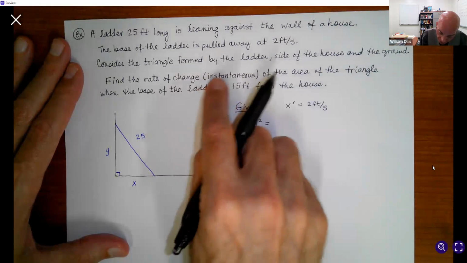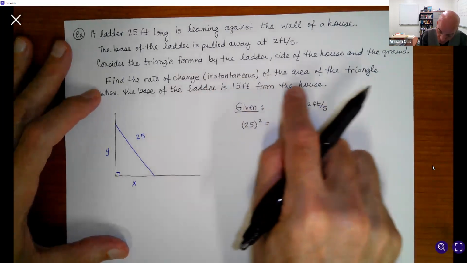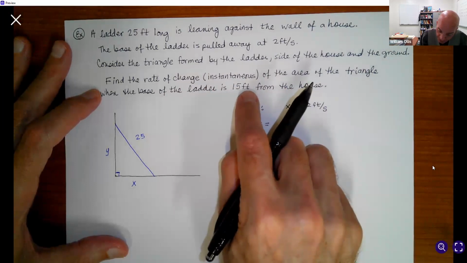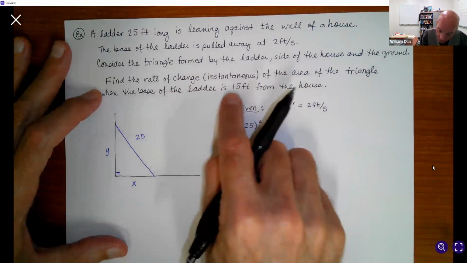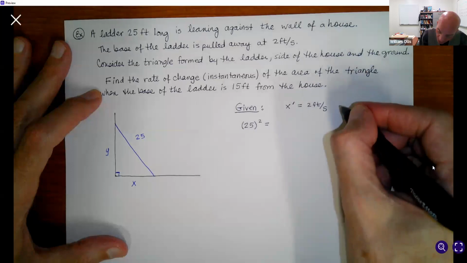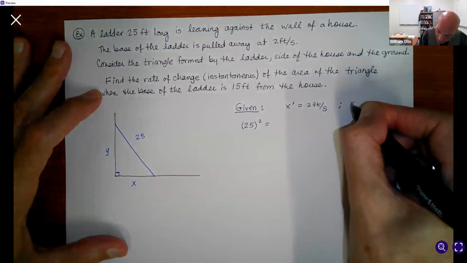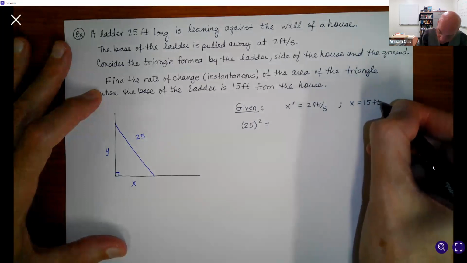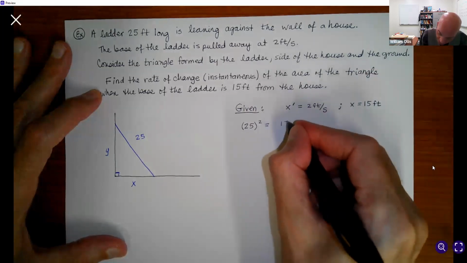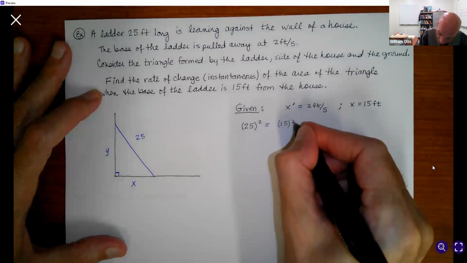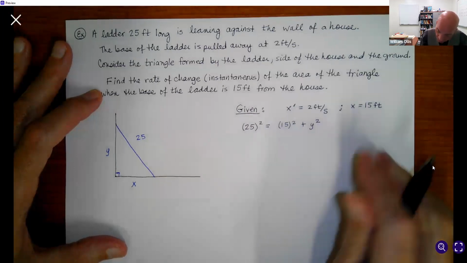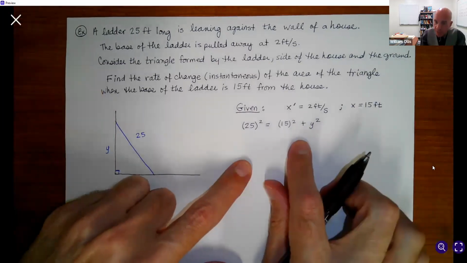Now, of course, for the particular area change, we're going to need x to be 15 feet. That is, the base of the ladder is 15 feet from the house. So I'm going to go ahead and write here x equals 15 feet when we need to do our calculation. So we'll have 15 squared plus y squared. So that's the Pythagorean theorem.